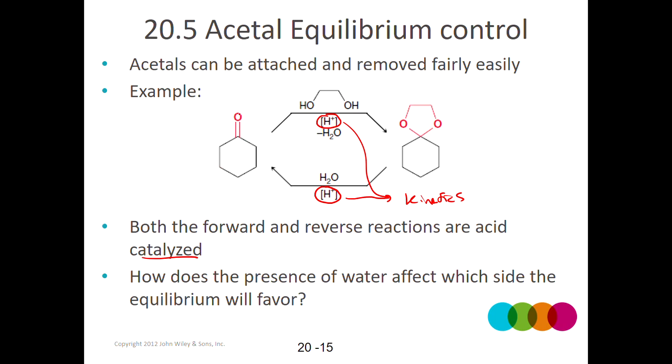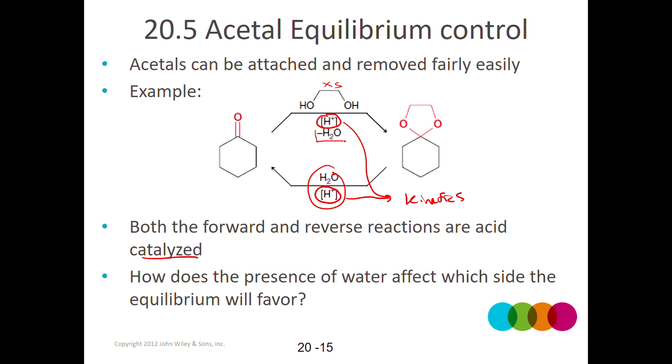So if I want to form the carbonyl and the diol, since water is my product, I would add lots of extra water and an acid catalyst, and that would shift it back toward the reactant side. If I want to make the acetal, then I add a large excess of the diol, since that's a reactant, and that shifts it toward the product side.